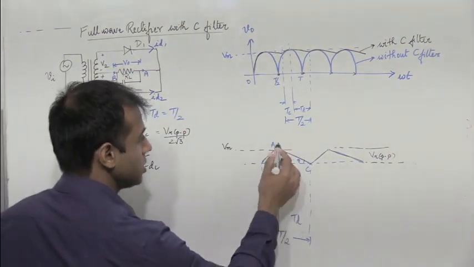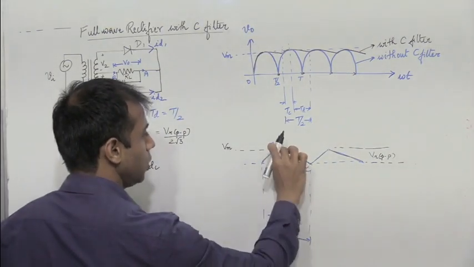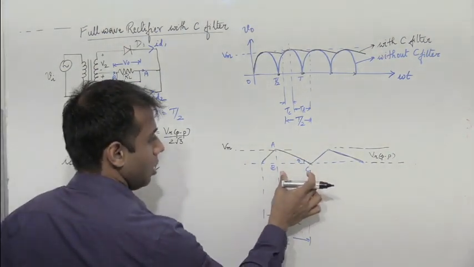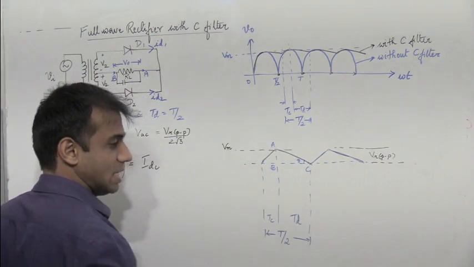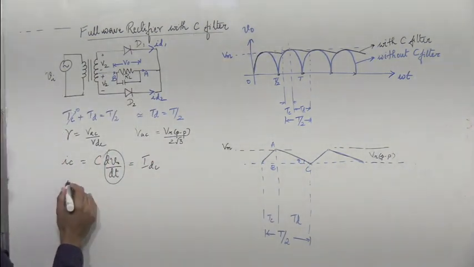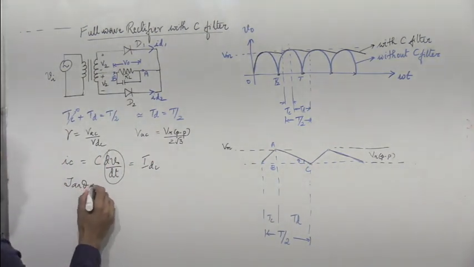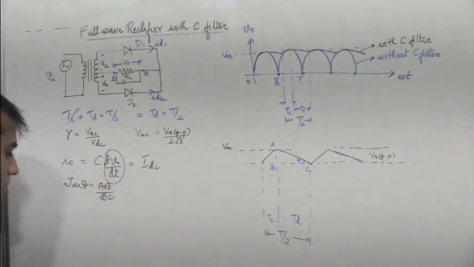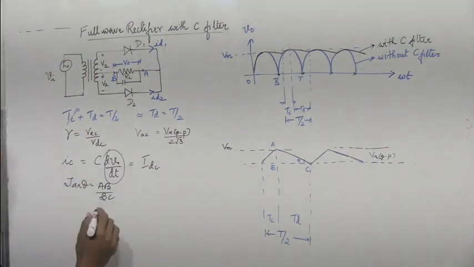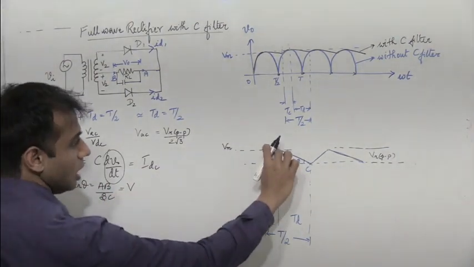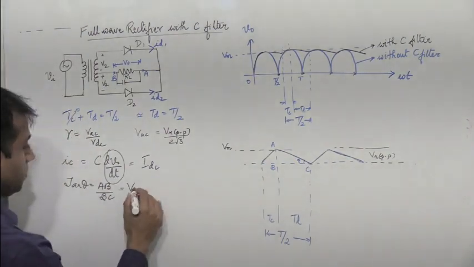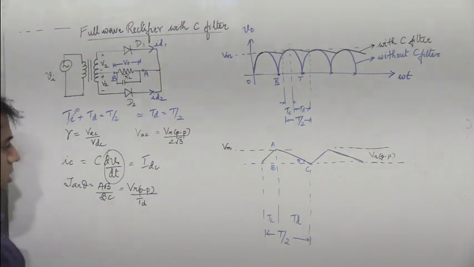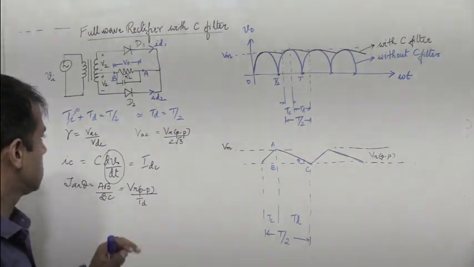If I observe this right angle triangle, the variation of the output voltage is AB, with respect to time is BC, which is TD. Right? So what is tan theta? Tan theta is AB by BC, which is VR peak to peak divided by TD, the discharge time.